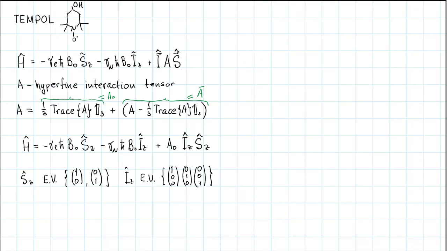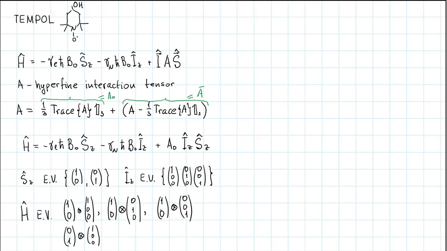Using this information, we can construct six eigenvectors of the Hamilton operator H as a product of the eigenvectors of the operator Sz and eigenvectors of the operator Iz. Here they are. It can be easily proven that these six orthogonal vectors are eigenvectors of the Hamiltonian H.